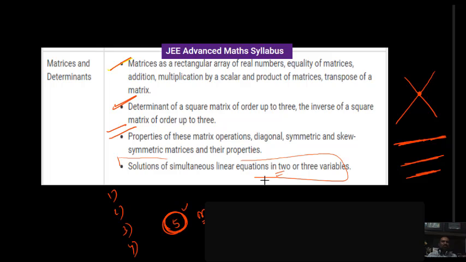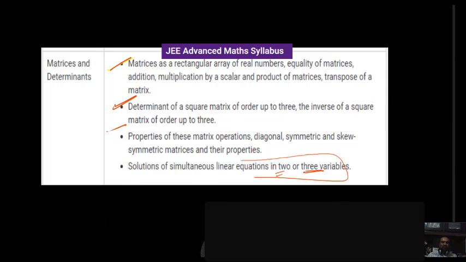Not only for 2 variables, we can solve for 2 or 3 variables or even more than 3 variables, but in our syllabus it is up to 3 variables. We can solve 3 unknowns with 3 variables by using the matrix method.